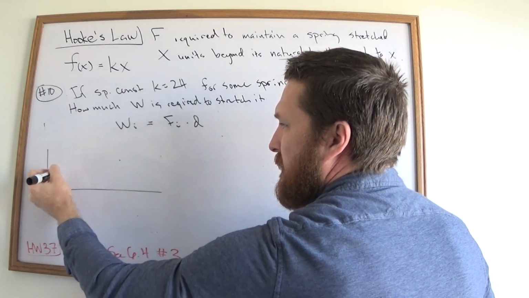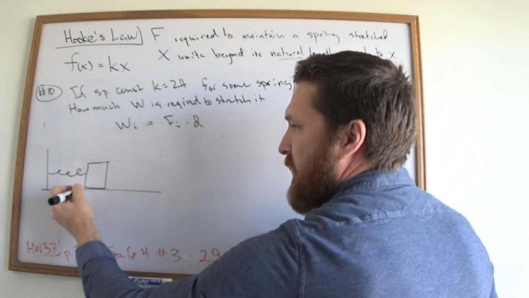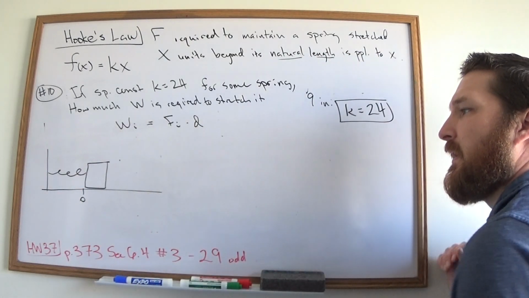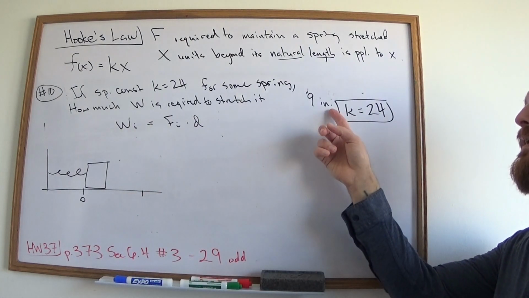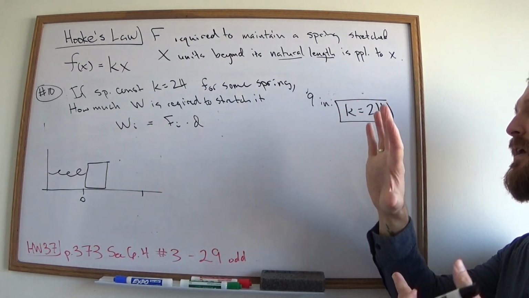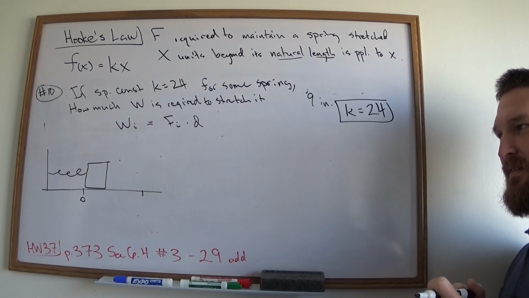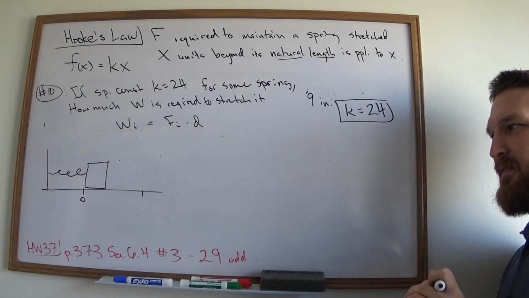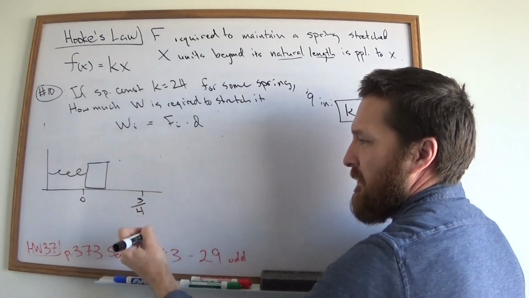I'm not going to mess this up if I draw a picture. So we're starting at 0 and we're going to move it out to 9 inches. But given that all of this was done in feet, 9 inches is how many feet? 3/4 of a foot, so up to 3/4.